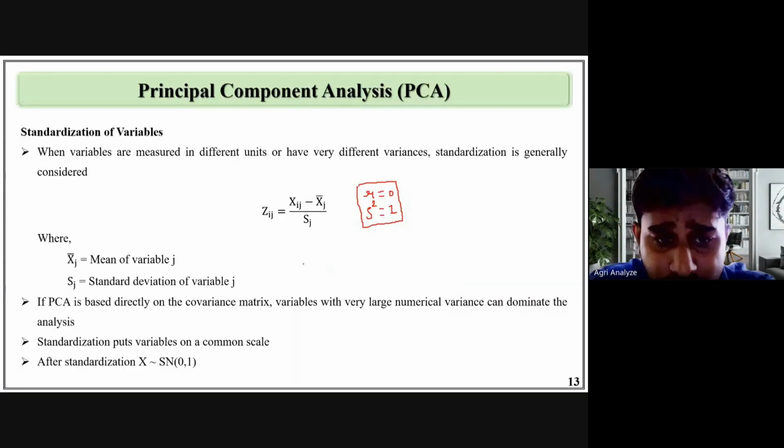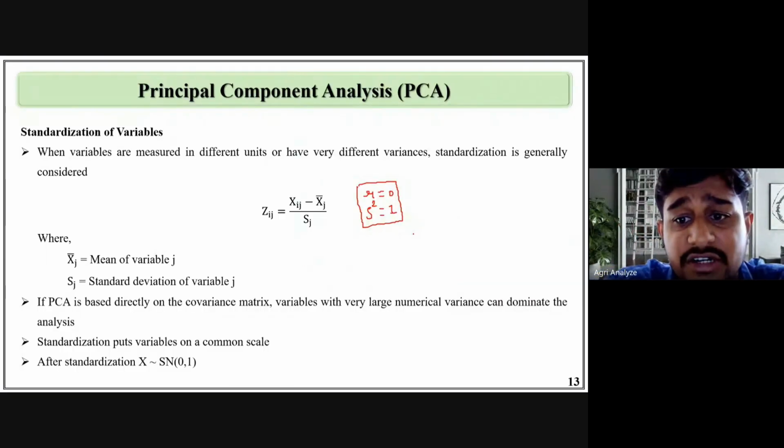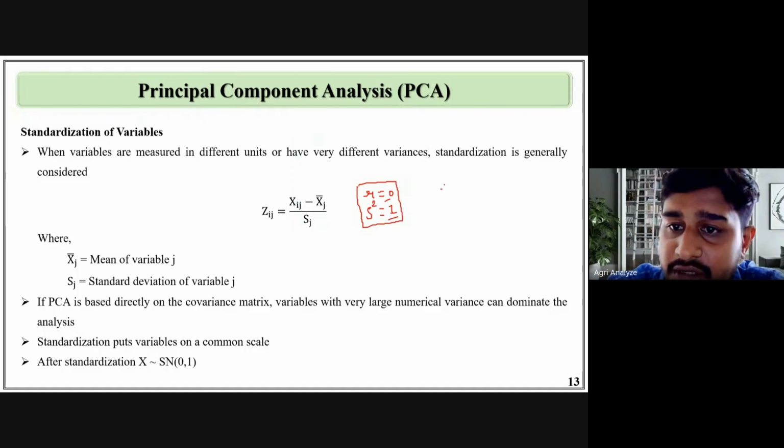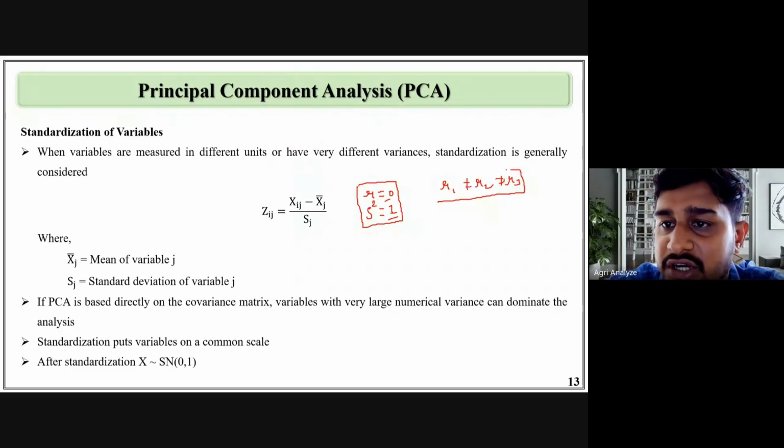Okay. So after standardizing our data, all the variables are on a single scale because all the variables have zero mean and variance 1. Before we standardize our data, the variables do not have equal means: mu1 is not equal to mu2 is not equal to mu3, because all the variables are measured in different units. The first variable is measured in centimeter, the second is count, and the third one is kilogram.